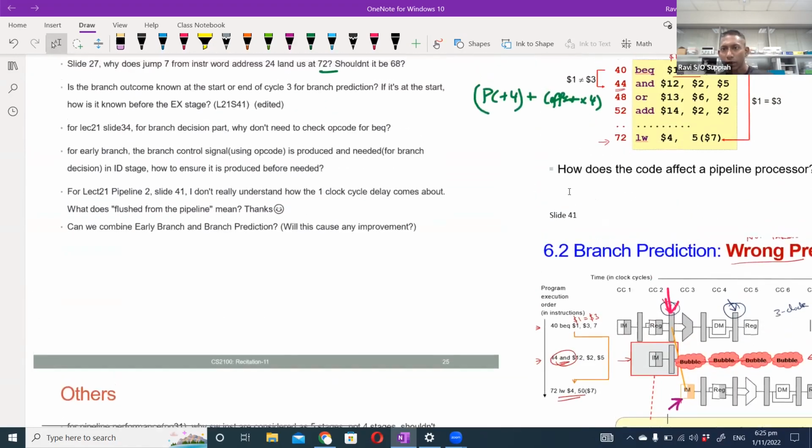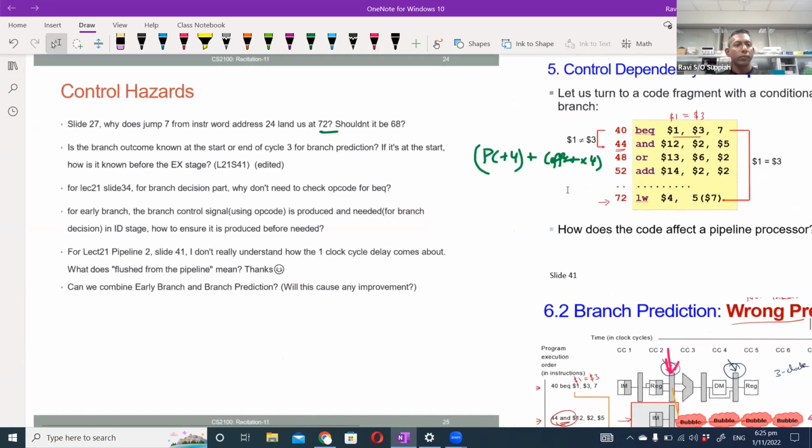Okay, let me see. Lecture one: why do we need to check the opcode? I think here we're talking about the slide where we have added the AND gate in the ID stage. Inside the ID stage, we will also have other control hardware to check the opcode, and the entire branch prediction, and then we generate the decision.